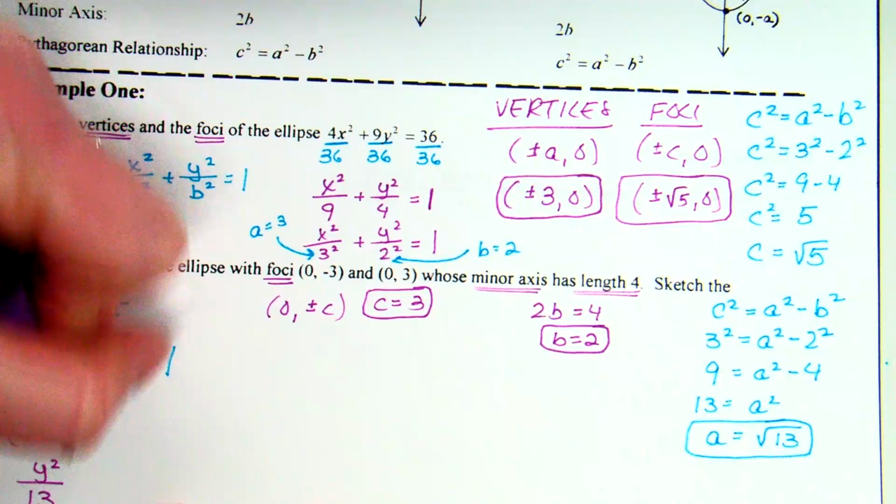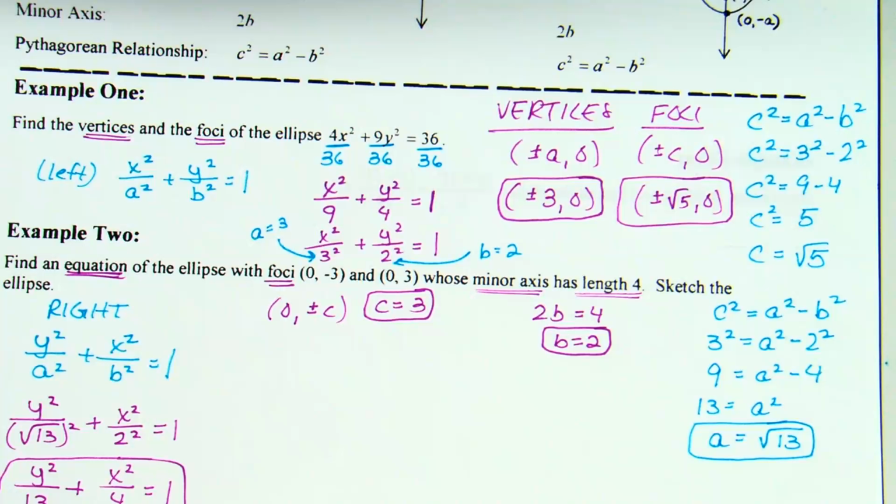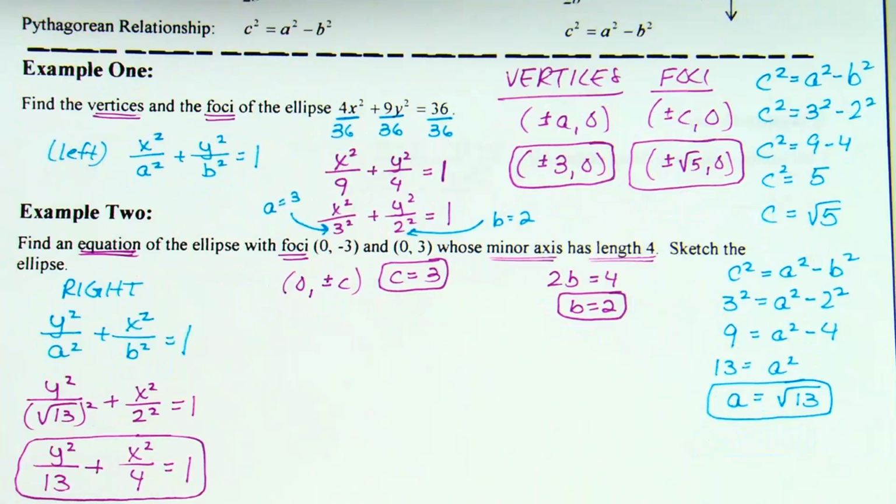X squared over B squared. So that's going to be X squared over 2 squared, or in other words, X squared over 4. And it equals 1. Okay.